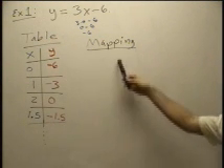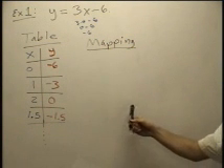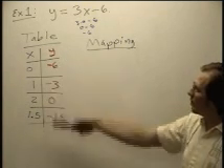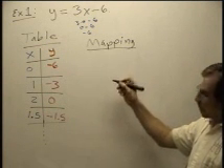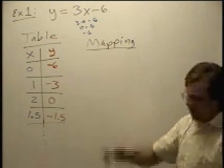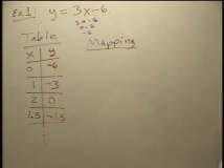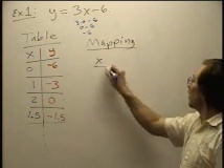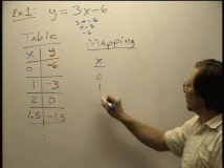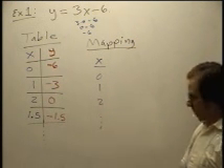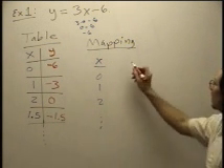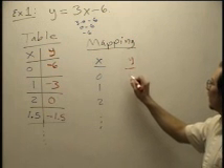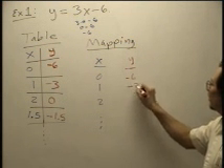A related way of looking at a relation, the related way to the table, is a mapping. In a mapping, we are going to list our domain values on the left and our range values on the right.